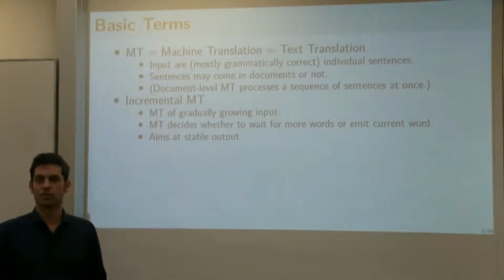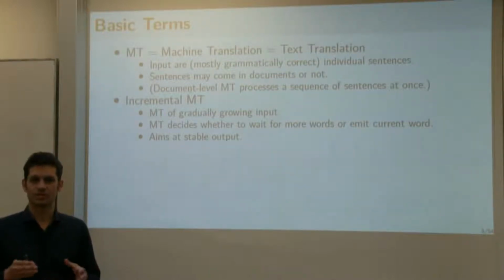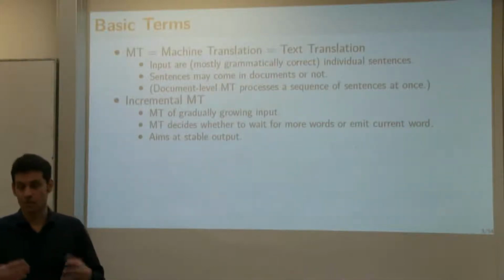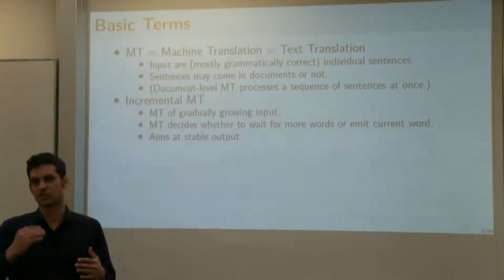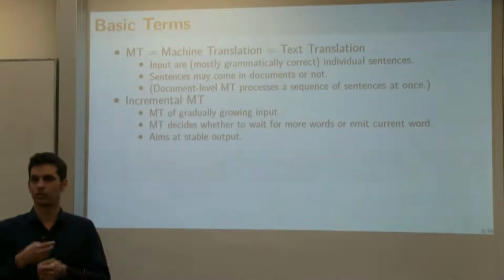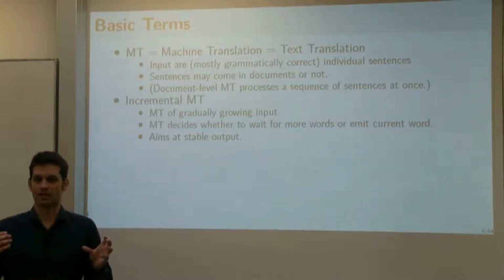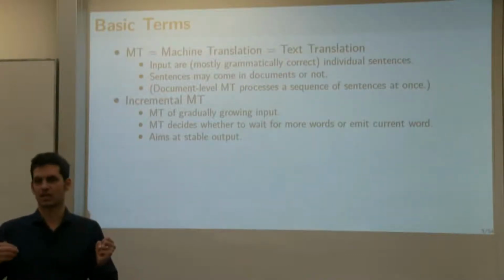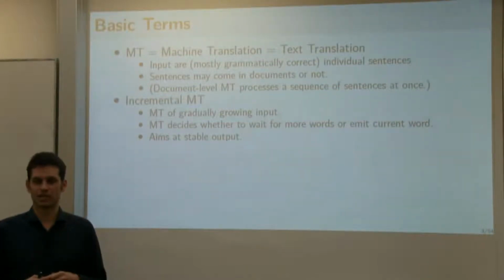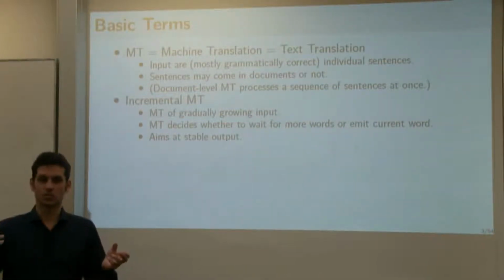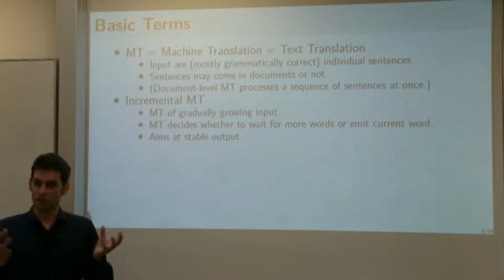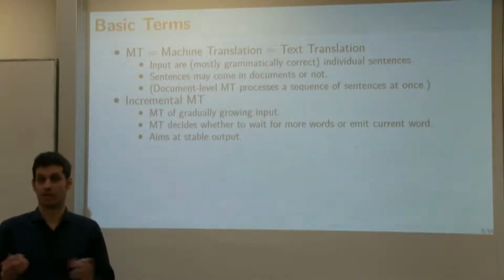The motivation for incremental machine translation as a research is to keep the machine translation output stable, because machine translation, the standard one that operates from sentences to sentences, is free to reorder the words in any way. And if you imagine a partial sentence and then a new word coming to that partial sentence, then suddenly this new word may hint the MT system, and it actually does hint the MT system, to reshuffle the sentence in a very crazy way.